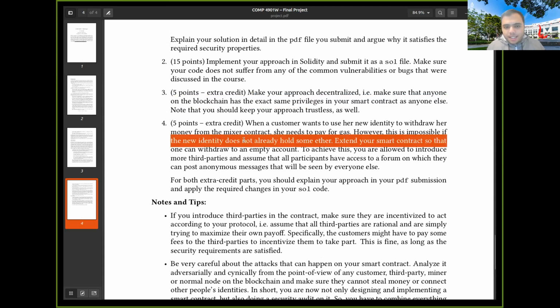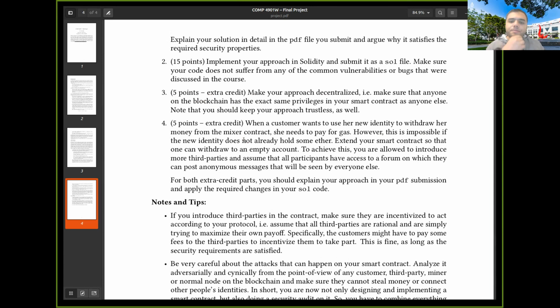Now, the second extra credit part. This one is actually about a very specific quirk of Ethereum. So we've talked about this many times, that in Ethereum, generally calling a function in a smart contract is a transaction that goes on the blockchain.